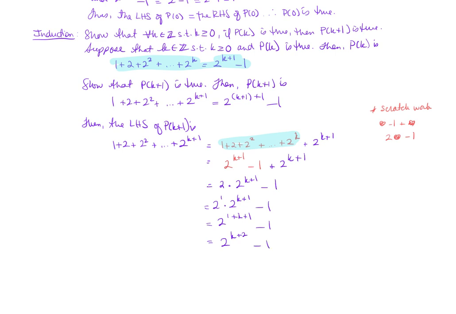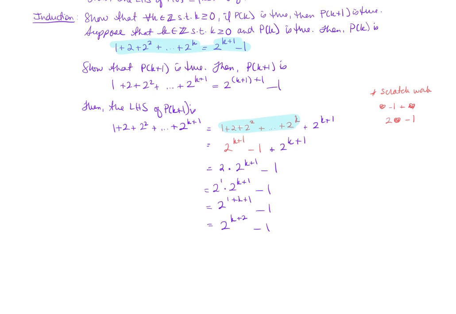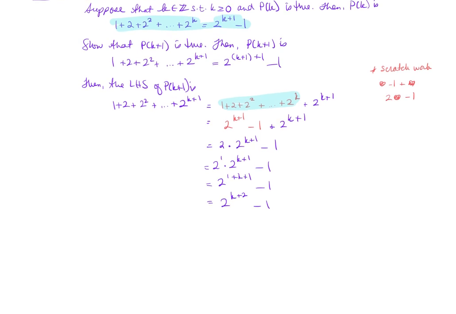And we have to hope when we look at our right-hand side that we end up with this same expression. And the great thing is, absolutely, we will. So let's do that. So then the right-hand side of p of k plus 1 is, and we ended up with 2 to the k plus 1 plus 1, and then subtract 1.